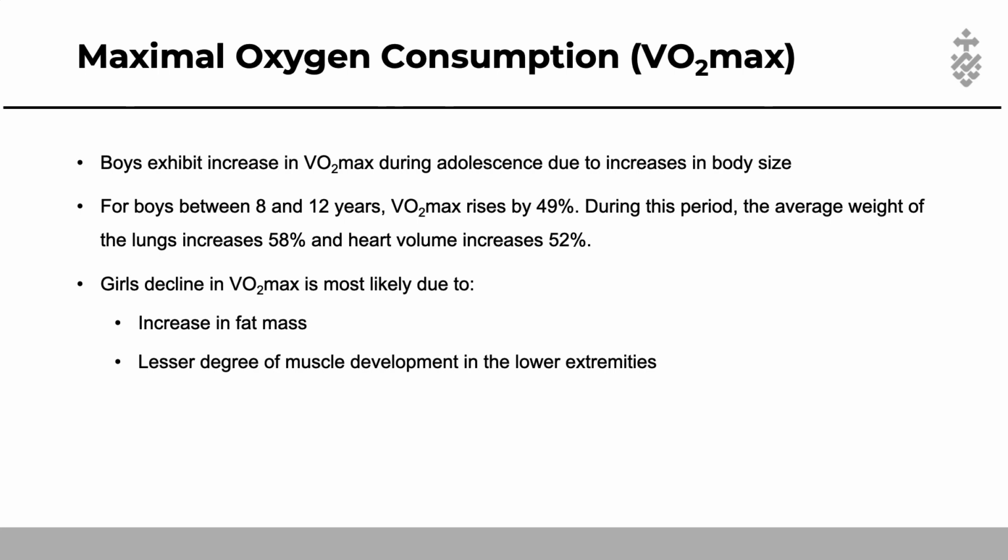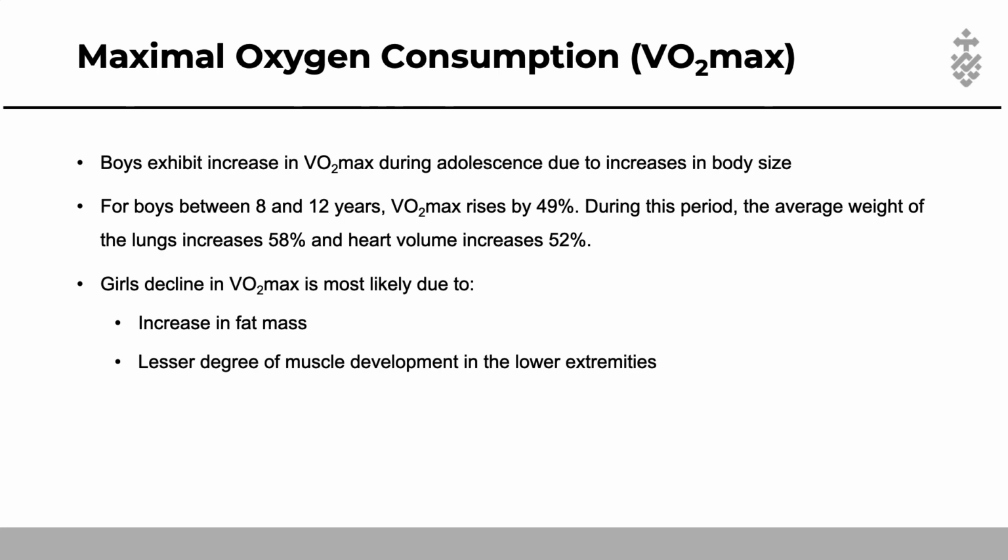Now, although older children obtain higher VO2 max values than younger children, the discrepancy in the values is no longer as great when we use body weight to standardize the measures.